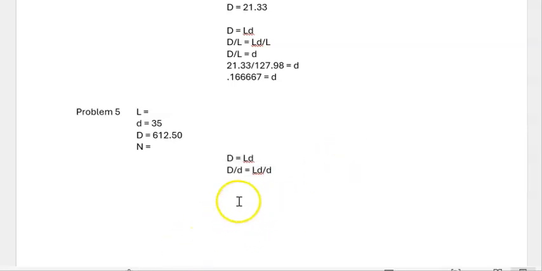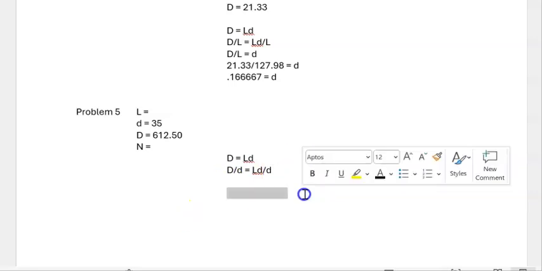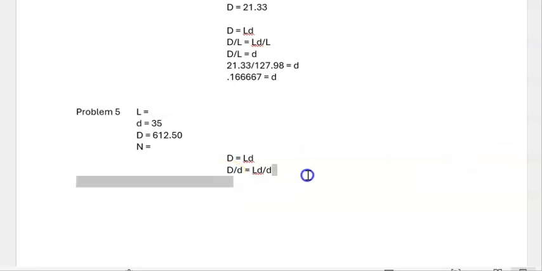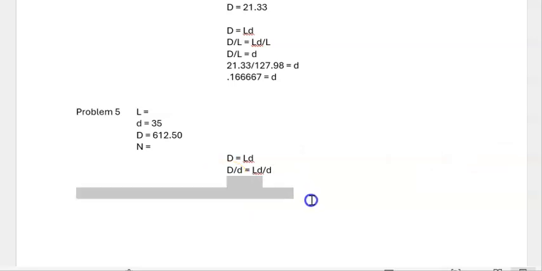So again, we've got our discount amount, which is going to be $612.50, equals our list price multiplied by our discount percentage. So now we need to change the formula around so that we can have the L, or the list price, by itself. So we're going to divide both sides by the discount percentage.